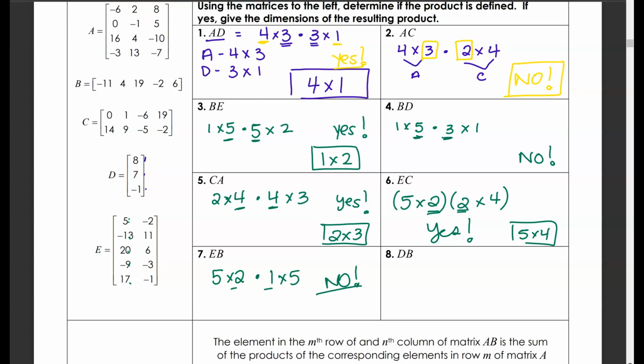Now, what about DB? If I look at DB, D is a 3 by 1, and B is a 1 by 5. And so this is yes, and the result is a 3 by 5.